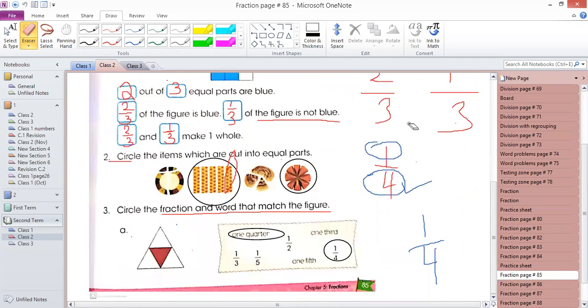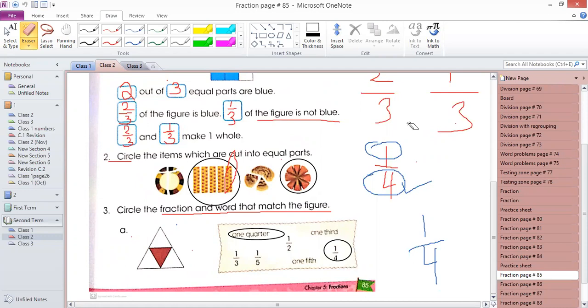Question number 3 was to circle the fraction and word that match the figure. So we have to look at the figure and find out the correct fraction and the correct word for that fraction. Okay. This triangle is divided into how many equal parts? 1, 2, 3, and 4. It is divided into 4 equal parts, and out of 4 equal parts, one part is red.